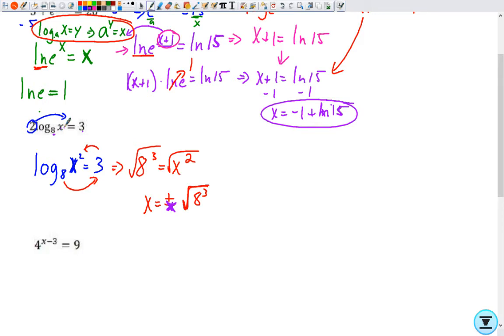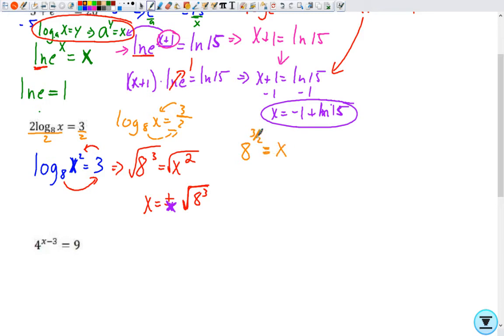Okay? Now, you could have done this a different way if you wanted to. If you really know your exponent rules, instead of using the power property, you could have divided both sides by 2. And that would have given you log base 8 of x equals 3 halves, and then changed it to its exponent form, which would have given you 8 to the 3 halves power equals x.